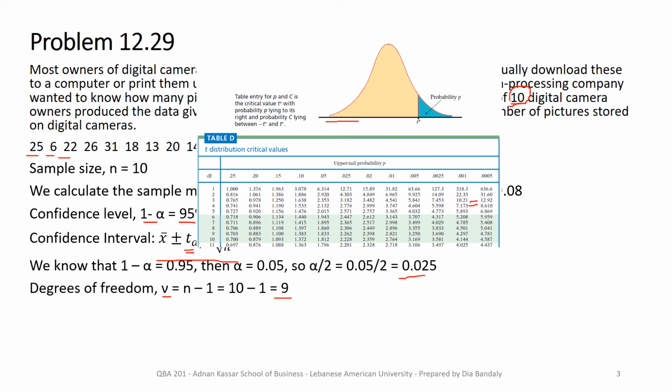So we're looking for the t value such that the area on the right hand side, which you can see here in the blue area, is 0.025, which we can read here. Here we go. So we have to look into that column, but that column has many rows, and we look for the row that corresponds to the degrees of freedom that we want, which is here. It's 9.